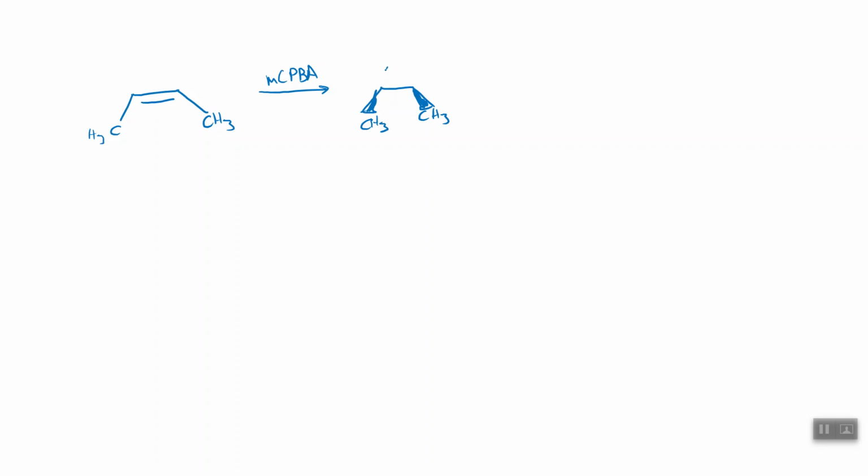We get the cis epoxide, and then we're going to treat this with some alcohol. Let's use ethanol this time, just for something different, and an H+, and we're going to get the same thing. The epoxide goes and gets the H+, and we get this activated epoxide.